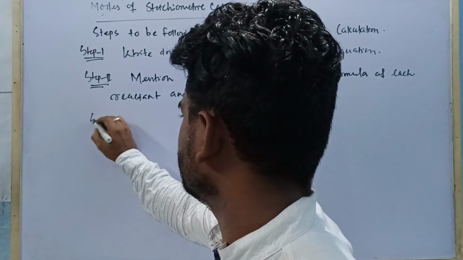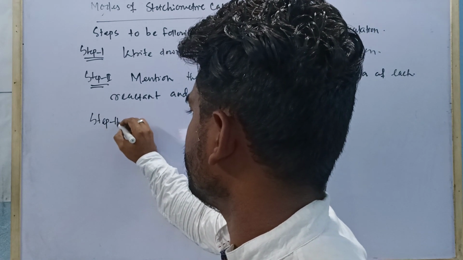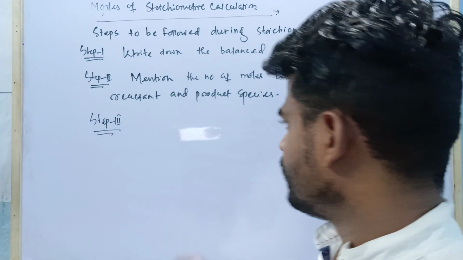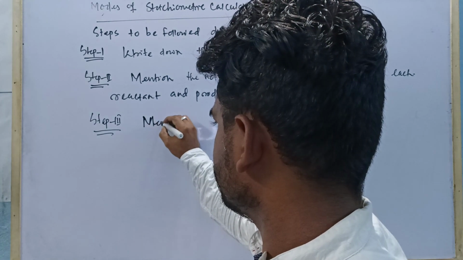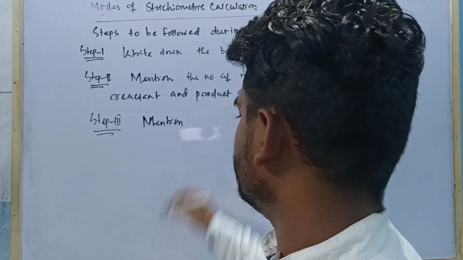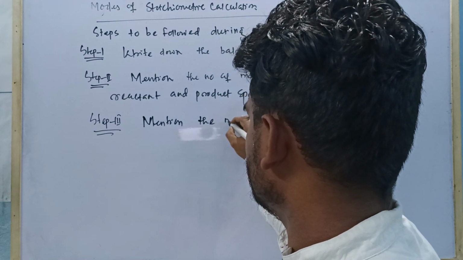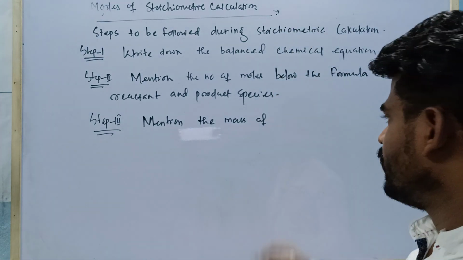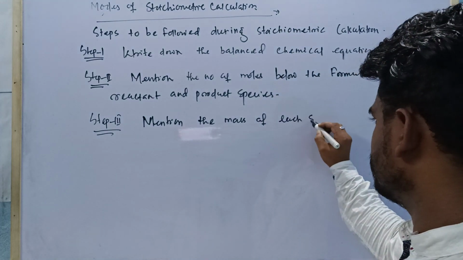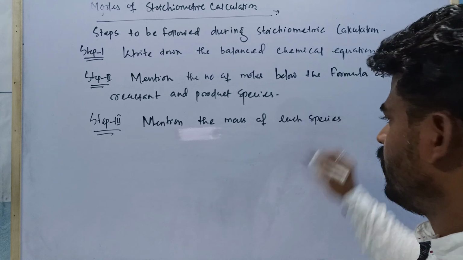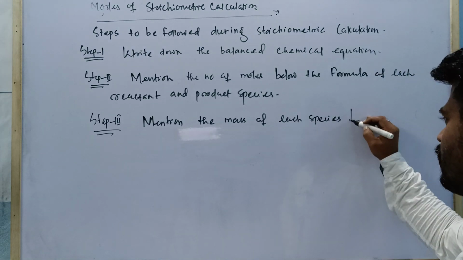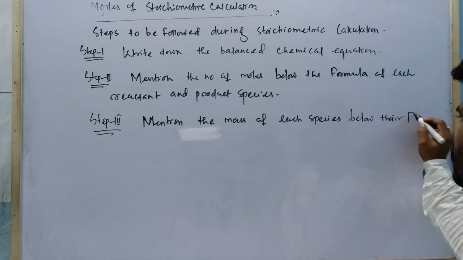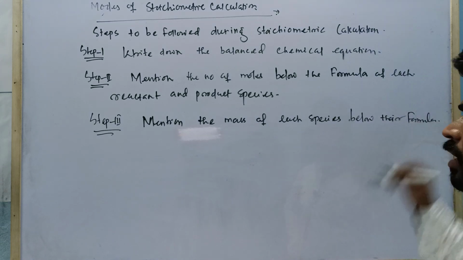Next, step 3, mention the mass of each species below their formula.